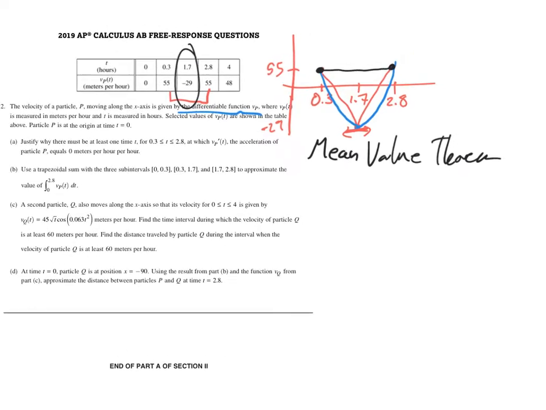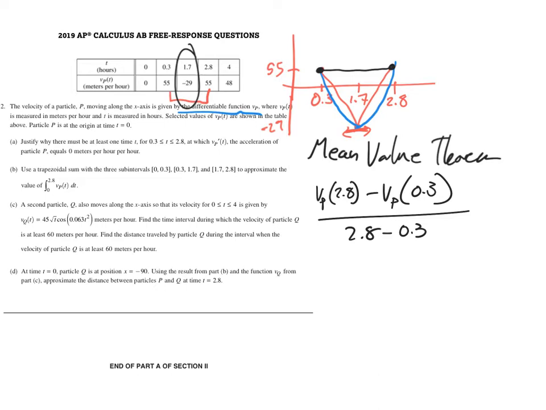So if we were to actually say okay, we have v of 2.8 minus v of 0.3, and put that over 2.8 minus 0.3. Just ignore that point in the middle for now.